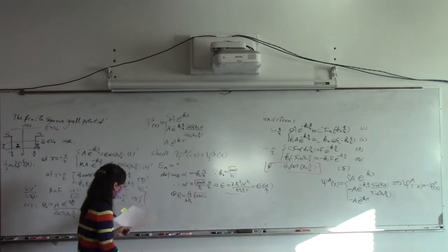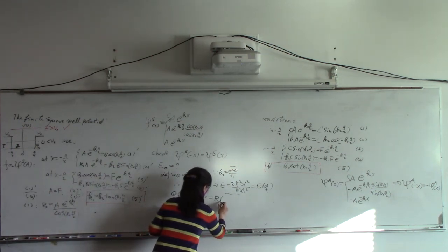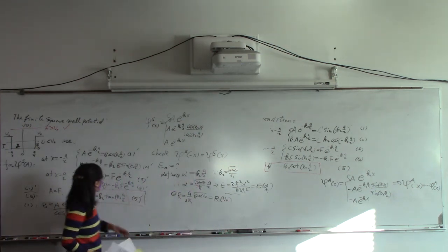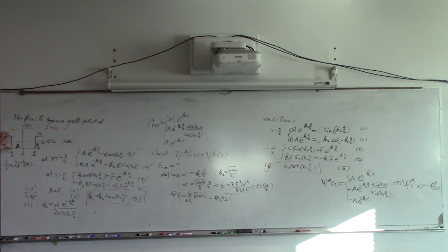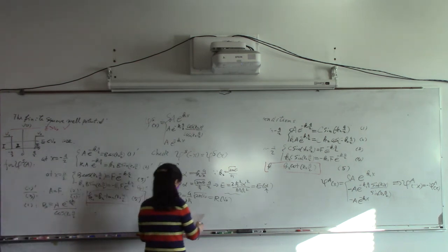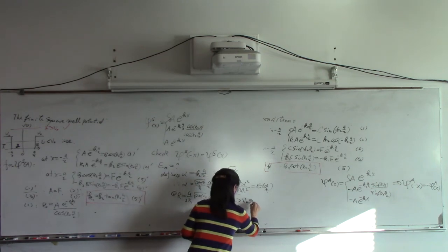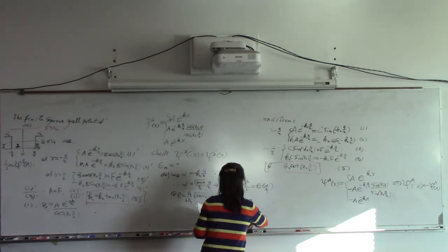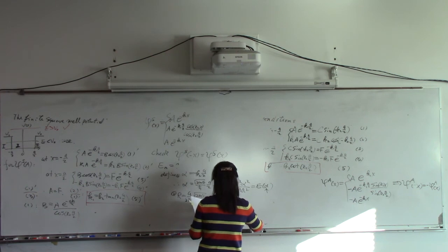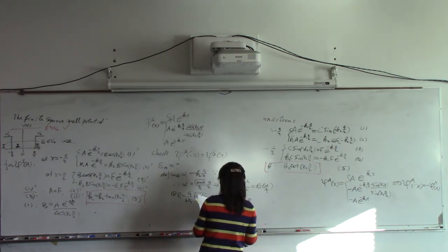So that R is a function of V naught. That means for a given V naught, given the potential height, we know that parameter. With that parameter, then we have V naught, actually we don't need this one since V naught is constant.